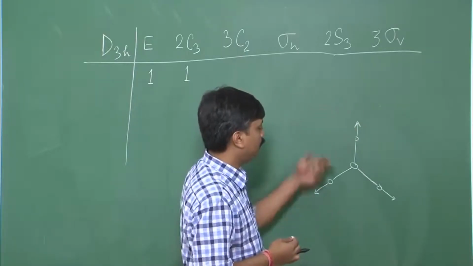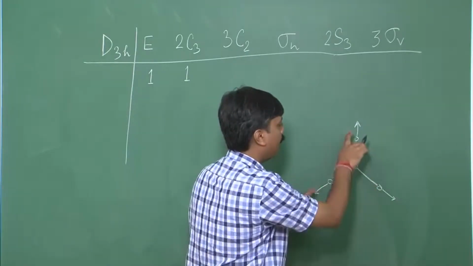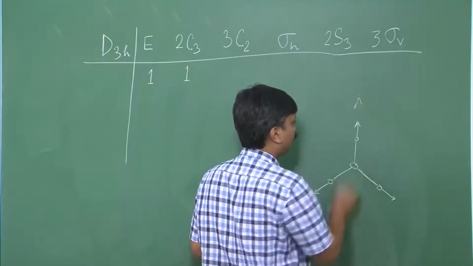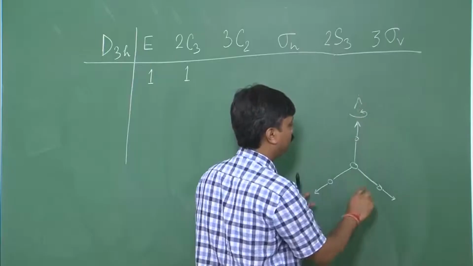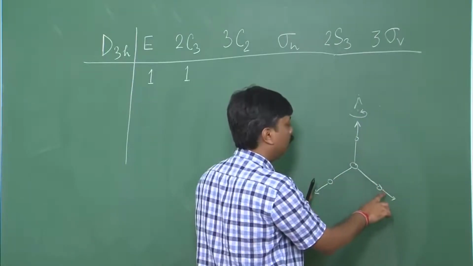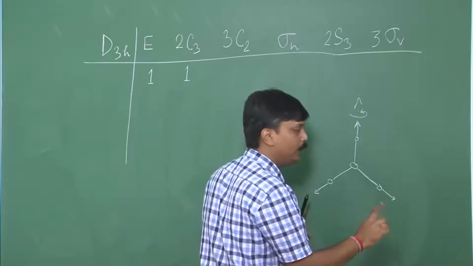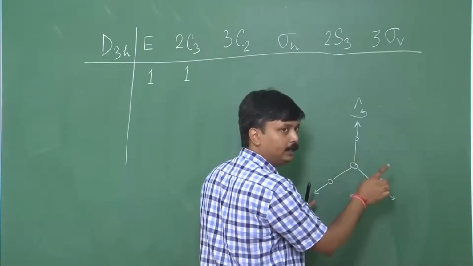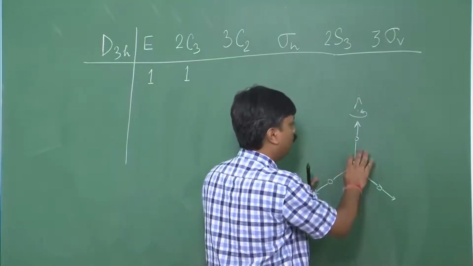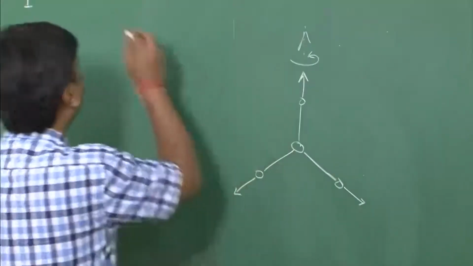Because after rotating about, say, I am considering this as my C2 axis, if I do a C2 around this one, this will rotate, and since these are not numbered, I have an indistinguishable structure. So ultimately after applying C2, you will get just an indistinguishable structure. So overall it will give me a character 1.